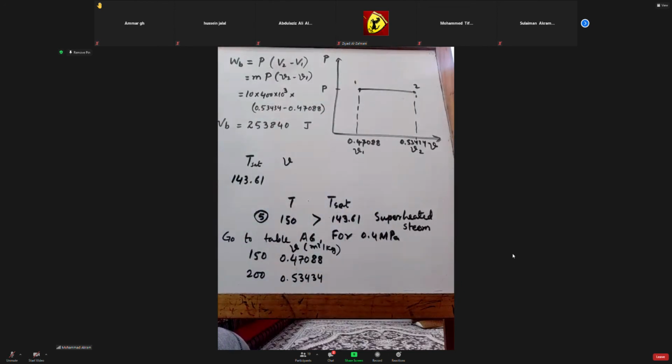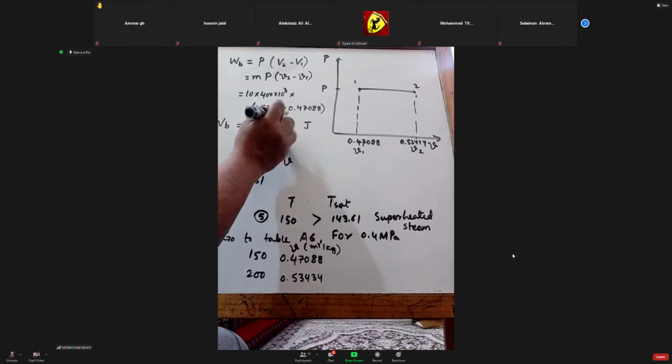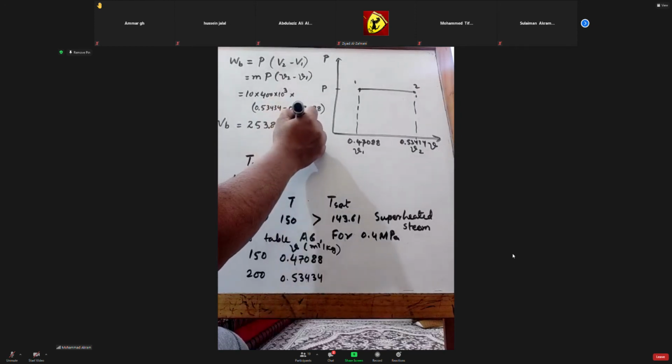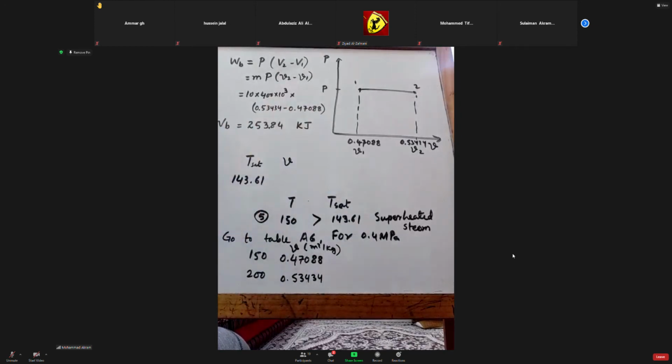If you want, you can put a dot here and write kilojoule. 253.84 kilojoule. Am I right? Yes. So like that, you can calculate the boundary work.